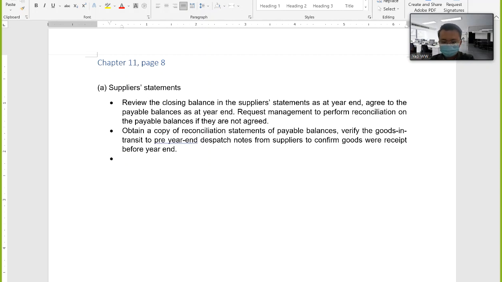So in this case, verify the cash in transit for payment to suppliers to pre-year-end bank statement or post-year-end bank statement. Definitely it is post-year-end bank statements.